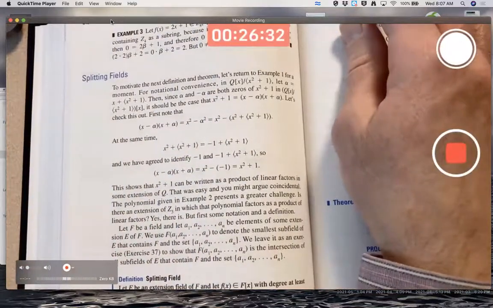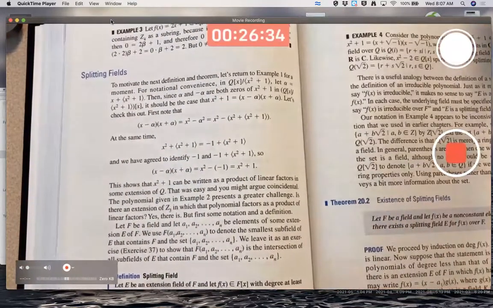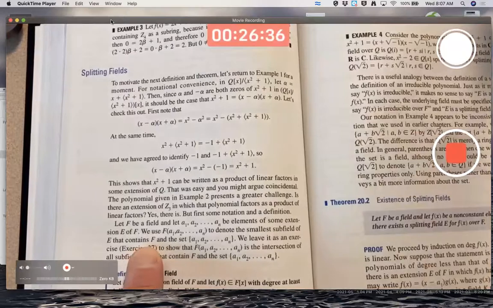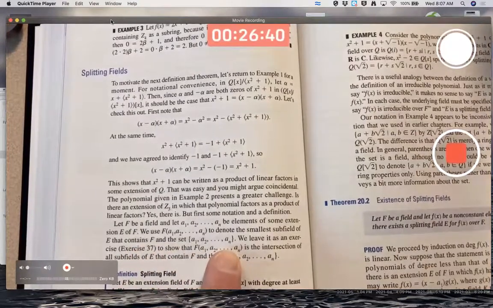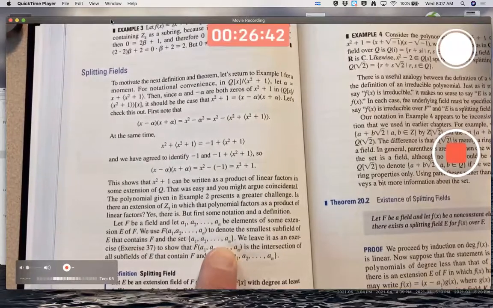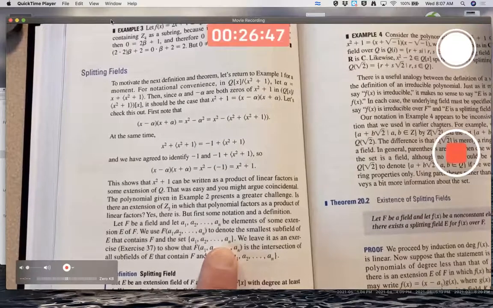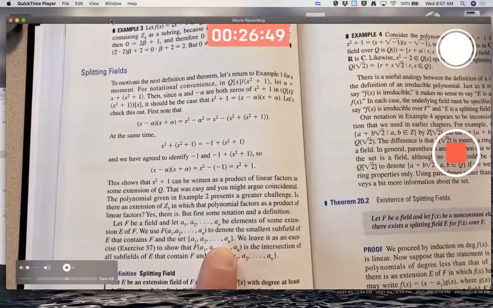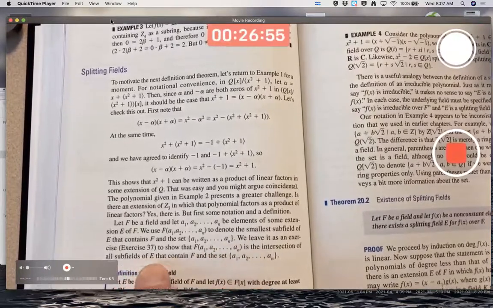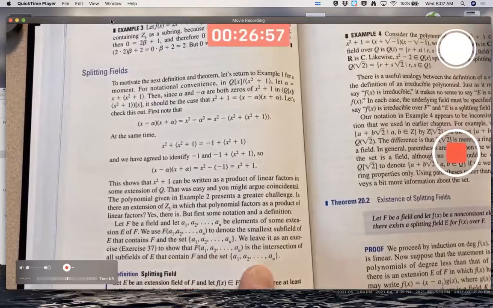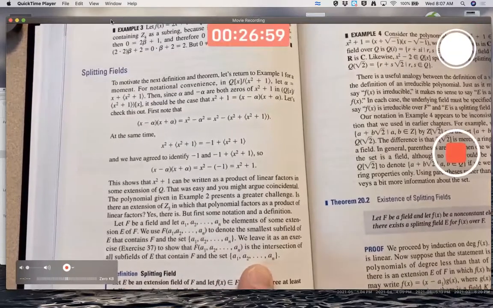The smallest subfield of E that contains both the original field F and these N elements, some or all of which may be in F or may not be in F. It's an exercise, and you can take it to be equivalent to the fact that you can also say this is the intersection of all subfields of E that contain F and this set. Makes sense. Intersections make things smaller.